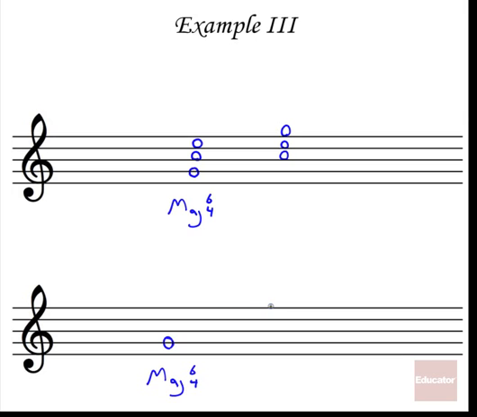So let's write this G up here, since we know it's the 5th, and go down and spell the rest of the triad. So now we see that the rest of the triad is this C major chord, which works for this problem. So we can go back now and add the C and the E. So 2 different ways to do this problem.